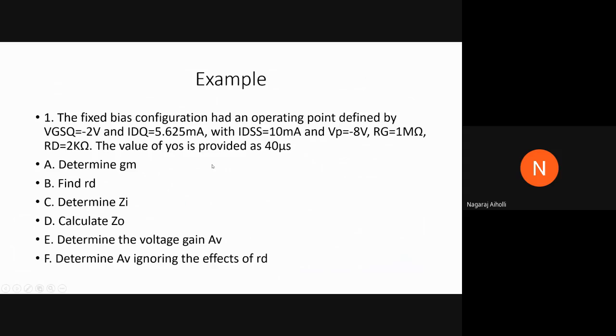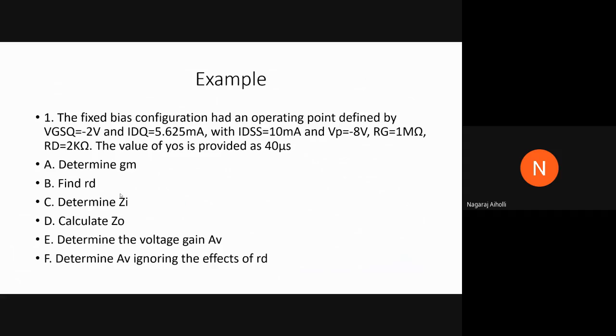So for the fixed bias configuration common source amplifier JFET circuit, we have to determine transconductance GM, find drain resistance rd, determine input impedance ZI, output impedance Z0, determine the voltage gain AV, and determine AV ignoring the effects of small rd. So let us find these performance parameters here.